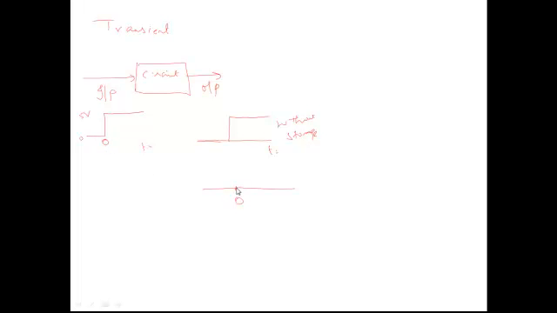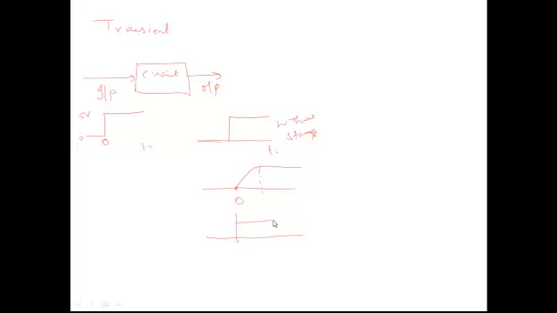It will take some time to reach, so there is some delay time. To reach the maximum value, it will take some time. It may go in this way, or it may look something like this.